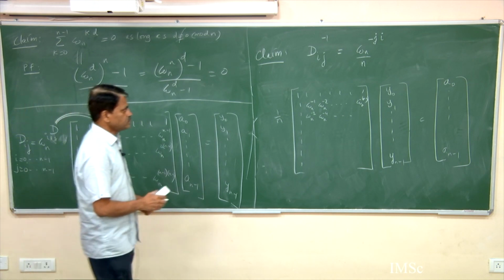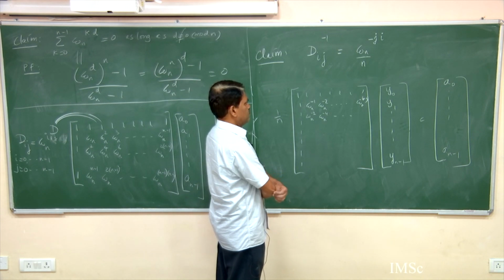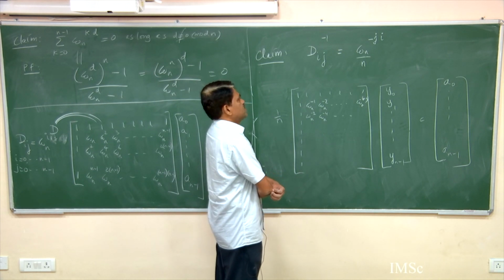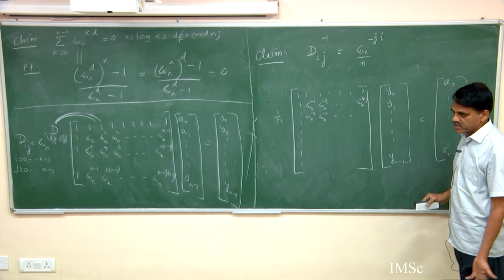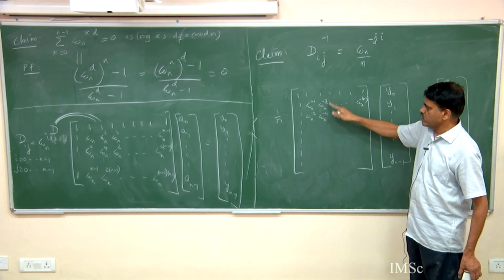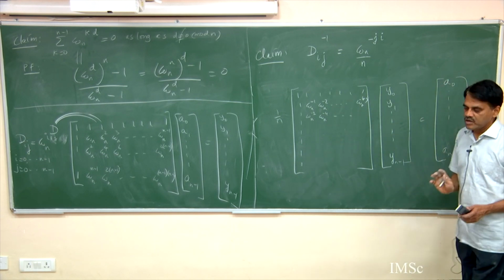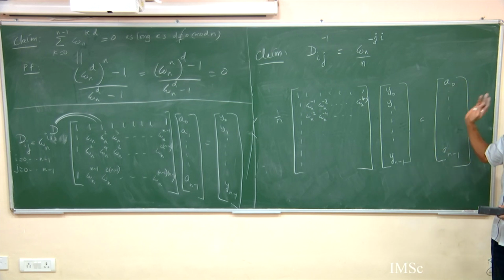So this is exactly like evaluating your polynomial y0 plus y1x plus up to yn minus 1 xn minus 1. You want to evaluate them at these points, omega n power -1, omega n power -2, up to omega n power minus (n minus 1), and do exactly the same thing that we did. Instead of omega n, do omega n power inverse. We will have the same kind of properties of divide and conquer, recursive, all that, and you can get it in n log n time.